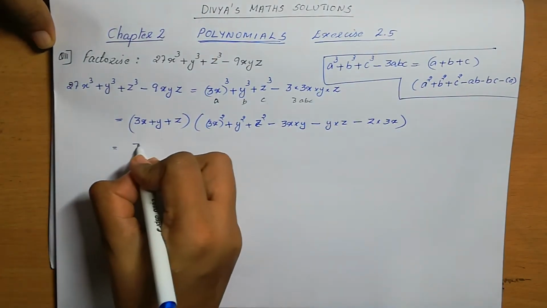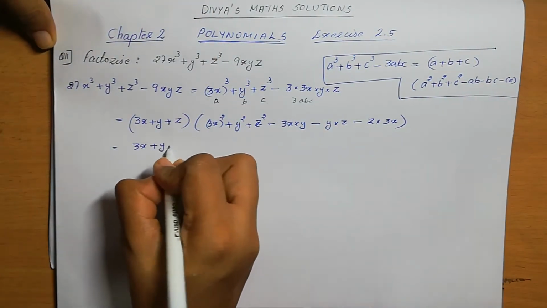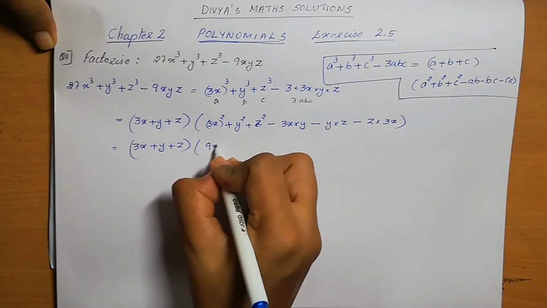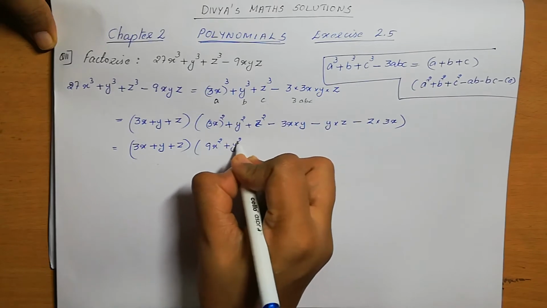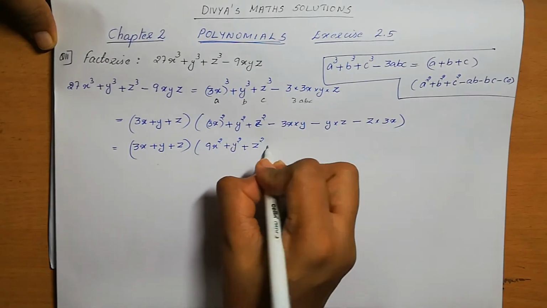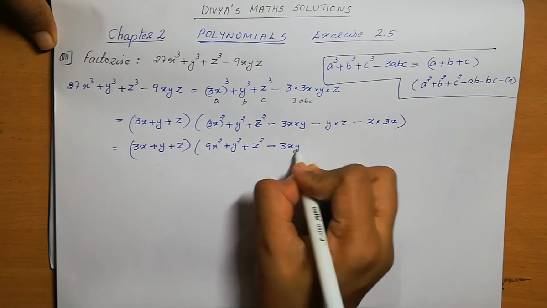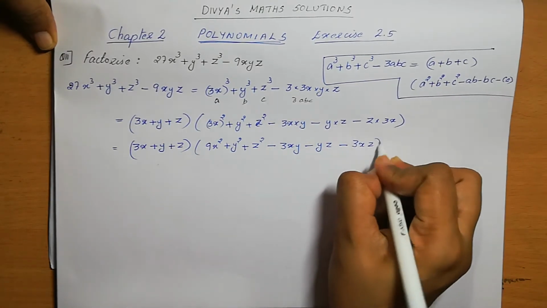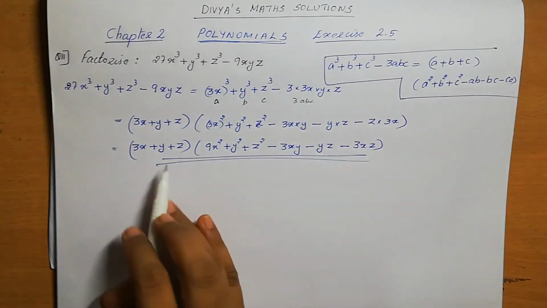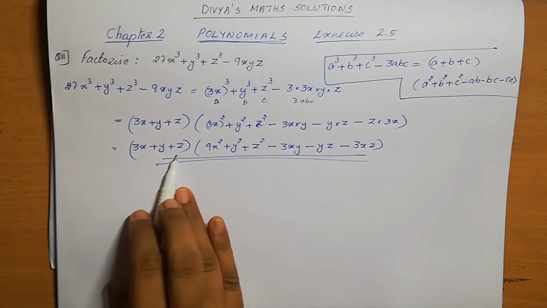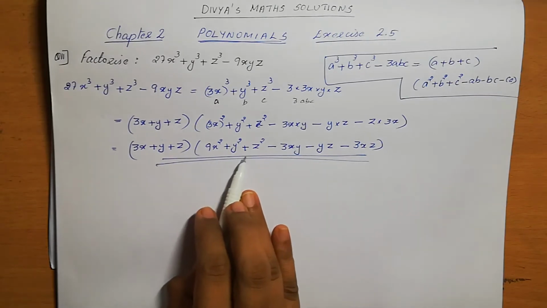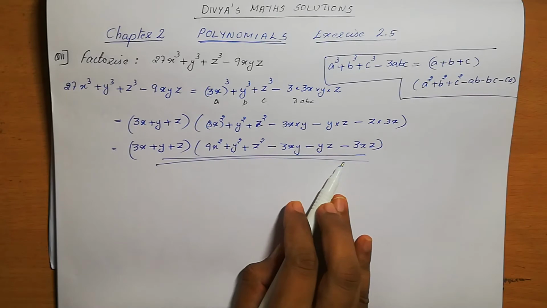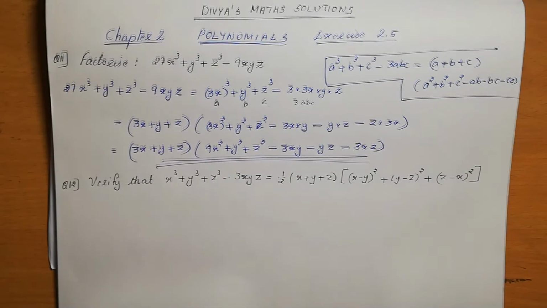So this is equal to 3x plus y plus z into 9x square plus y square plus z square minus 3xy minus yz minus 3xz. Answer. So the factors are 3x plus y plus z and 9x square plus y square plus z square minus 3xy minus yz minus 3xz.